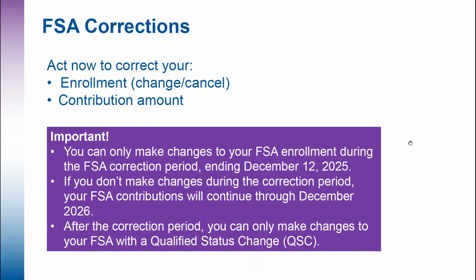We do that for a couple of reasons, because we want payroll. We want to get things in the system correctly for you before payroll starts to process pay for the January 1st paycheck. And we also ask that you get things into us by December 12th so that my staff, who has literally been doing open enrollments since August 15th, can have a little bit of a breather during the Christmas holidays.